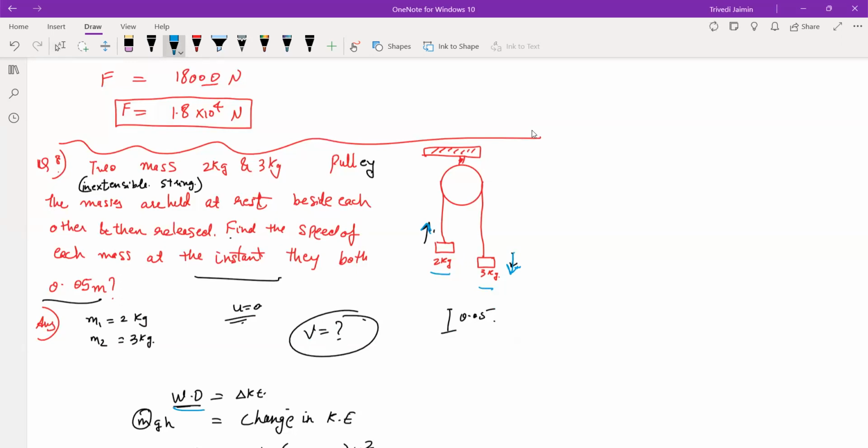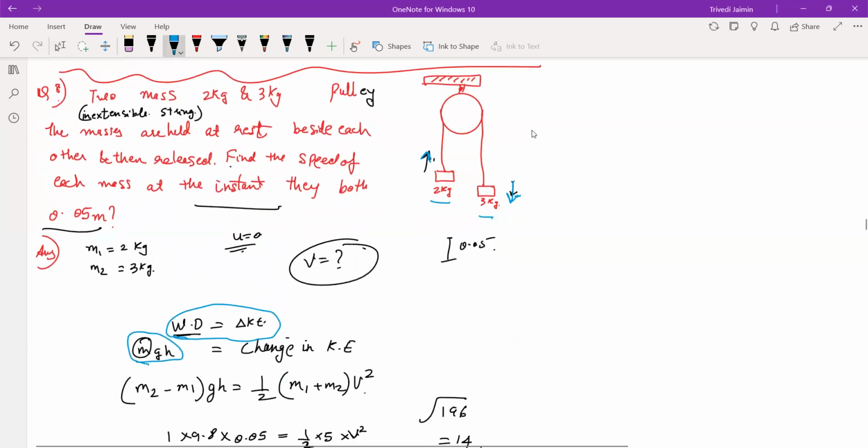So work done is in the form of kinetic energy. Kinetic energy is changing here. Work done here is in the form of stored potential energy, mgh.